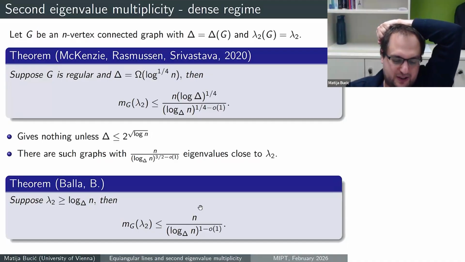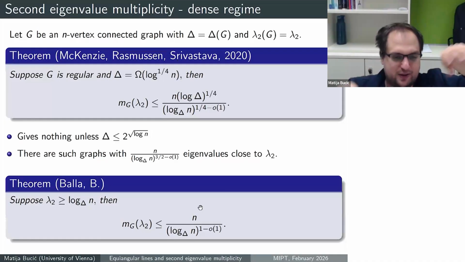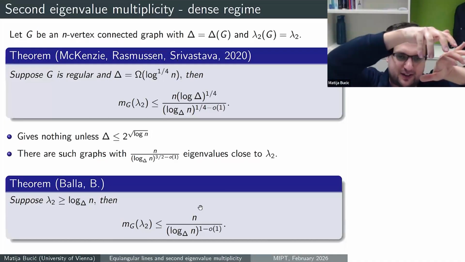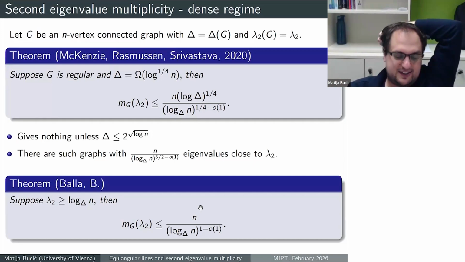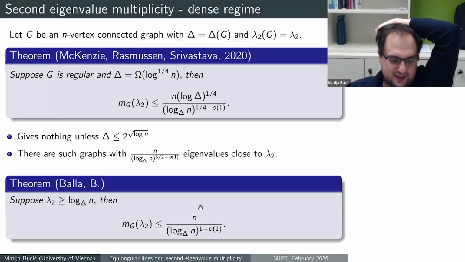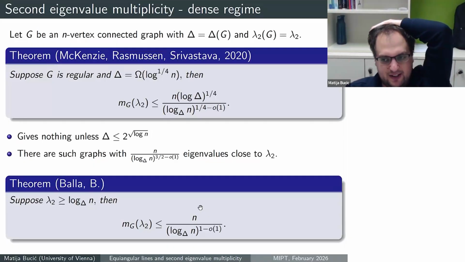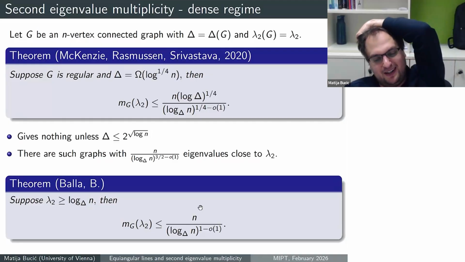If you're familiar with it, it tells you that when you delete a vertex, the eigenvalues interlace, and if you do that multiple times, you get this statement. So it's a corollary of the Cauchy interlacing theorem. But just remember for this talk, what we care about is this statement: if I delete k vertices, I decrease the multiplicity by at most k. I'll refer to this as the Cauchy interlacing theorem, because I think of it that way.